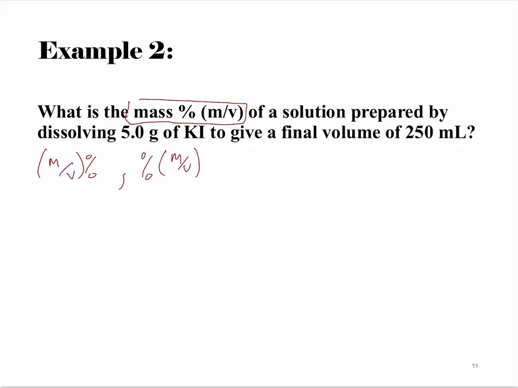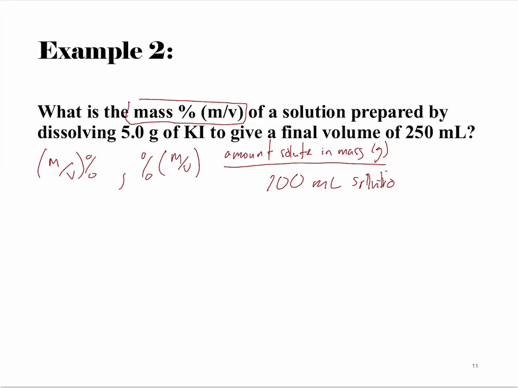And how this is defined is the amount of solute in mass. And give me an example of something in a unit of mass? Grams, right? So we'll use grams to define mass to volume per 100 milliliters of solution, right?